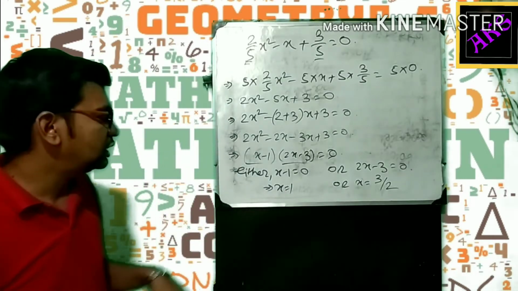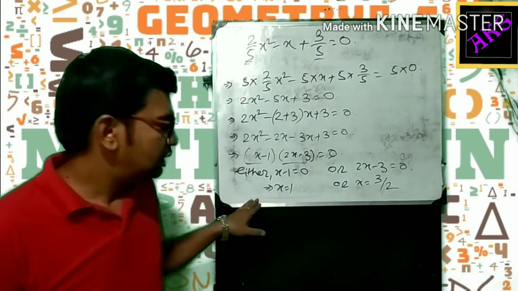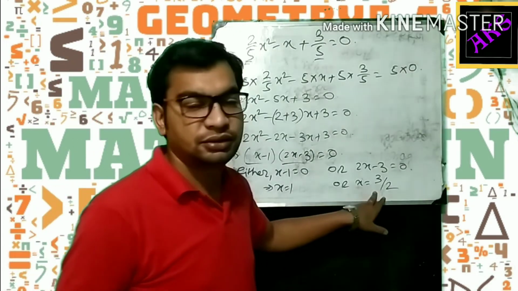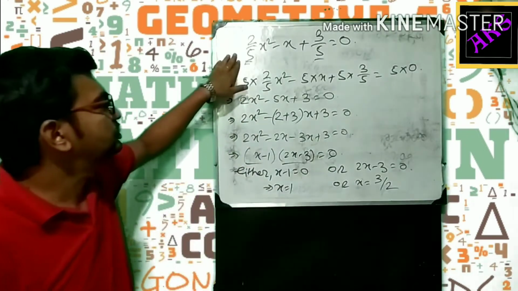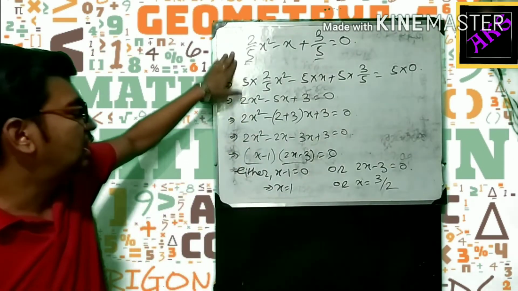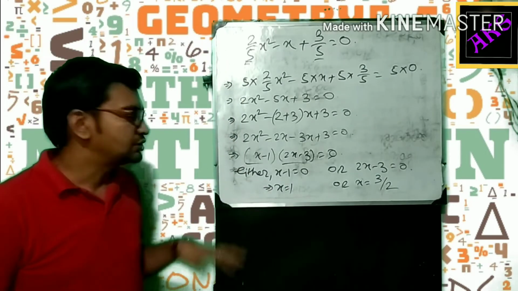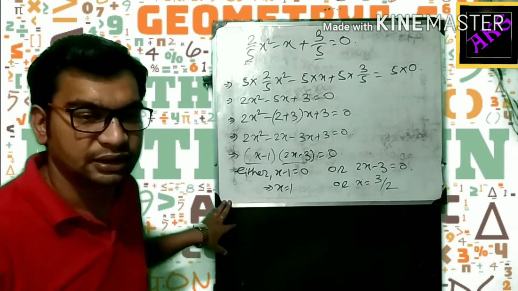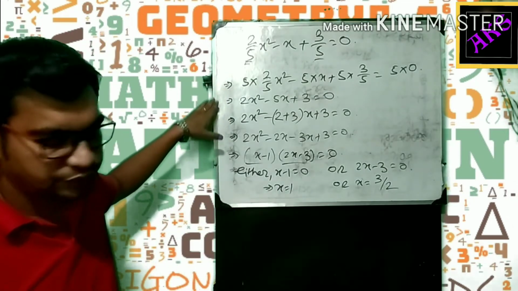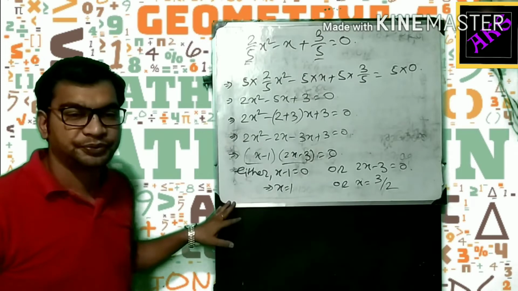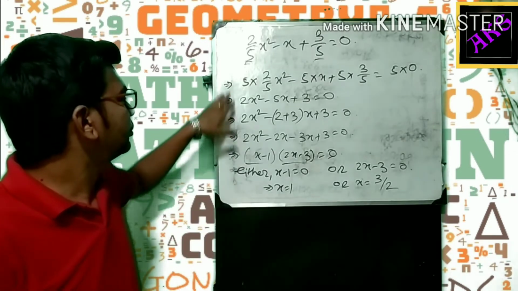So what is our solution? What are the roots? Our roots are x equal to 1 or 3 by 2. So the roots of this quadratic equation are 1 and 3 by 2. So this was our factorization method. Let's revise it once again and try to remember the steps.